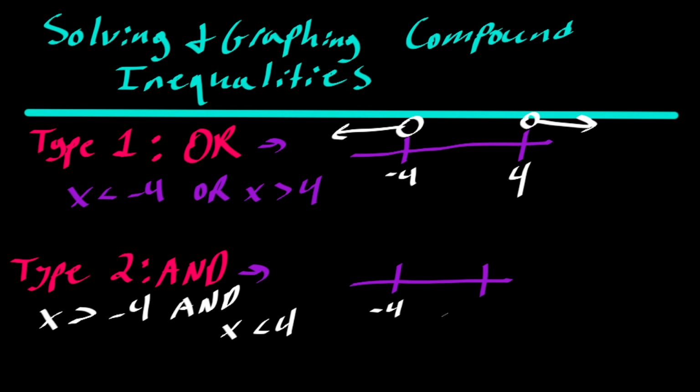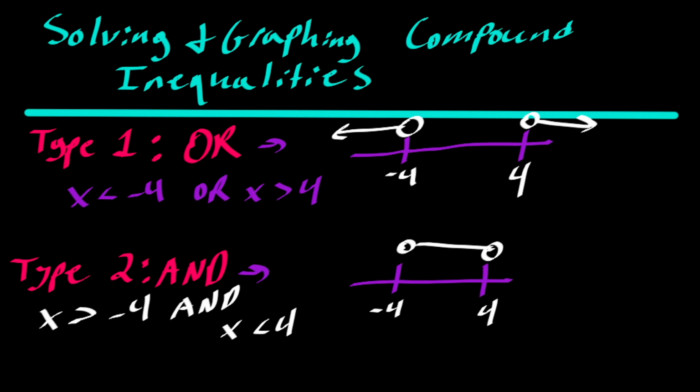We'd have -4, +4, open circles. But now, if something's bigger than -4 but less than 4, that would just be the area in between. So they're going to connect. When we do the and problems, I'll show you another format in which and can be written. But just a quick note: for or, the graph points in opposite directions, and for and, you connect your two points.